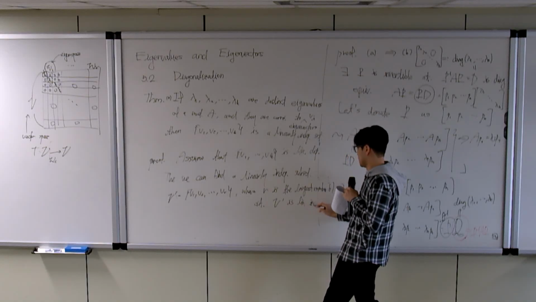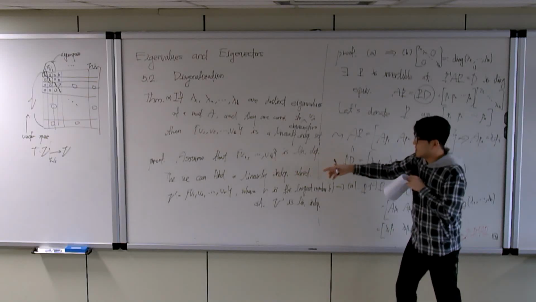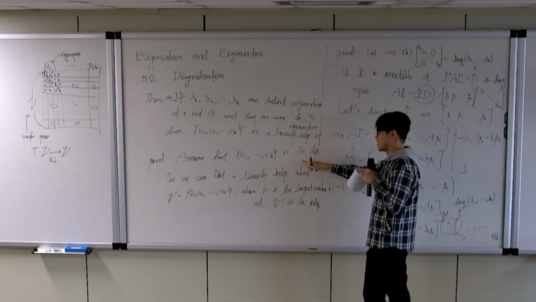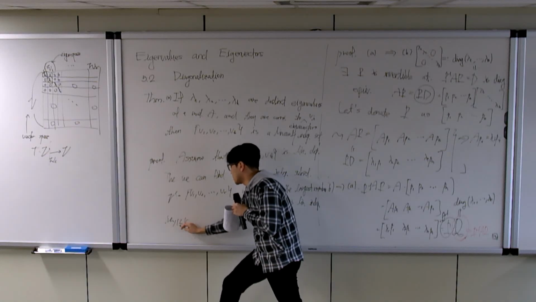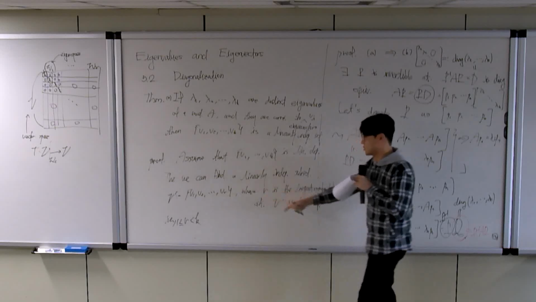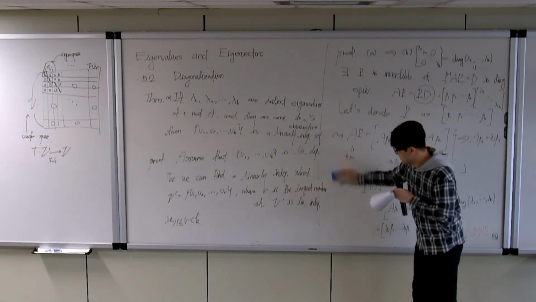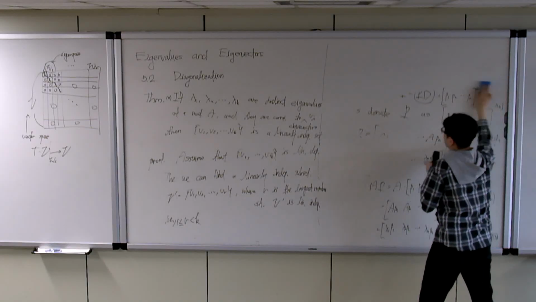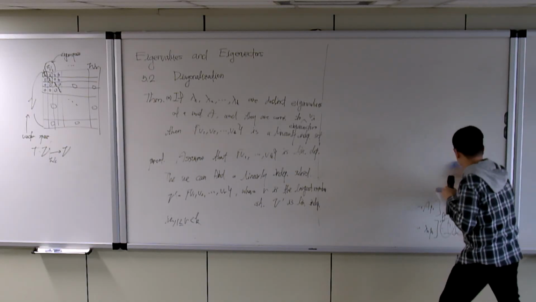c1 A v1 plus ... plus cr A vr. And actually, if you add one more vector, plus c(r+1) v(r+1), I will write the red one, c(r+1) v(r+1), then we can find c1 to c(r+1) not all 0 such that this equation holds.